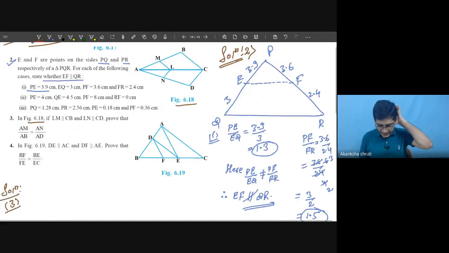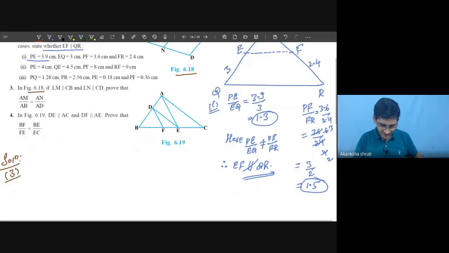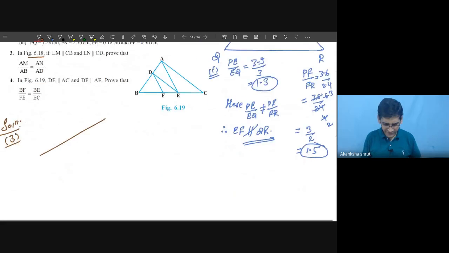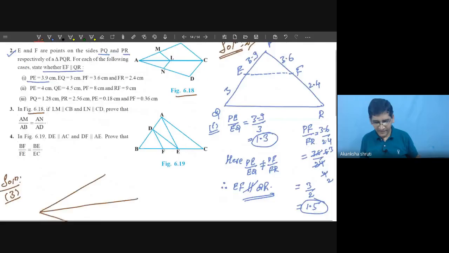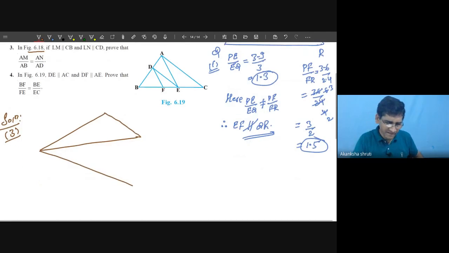So let me redraw the figure. The figure is already given, so I'm just redrawing it. Let me reduce the length.